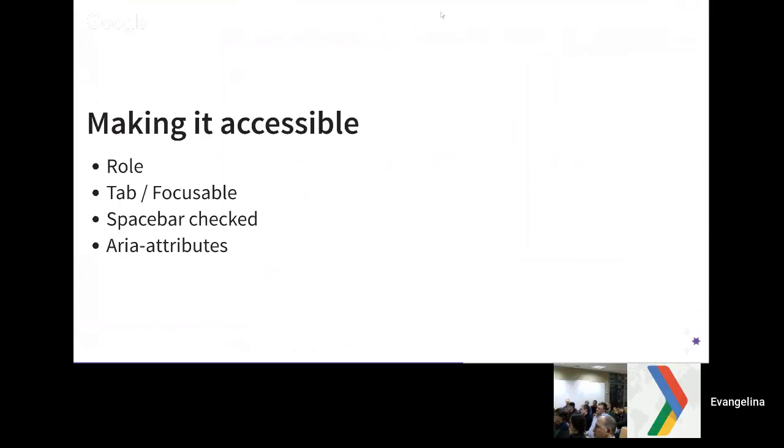And since this is a checkbox, we need to be able to check and uncheck by using our spacebar. And last but not least, we need to tell the user what this checkbox is for and what the state of this checkbox is. Is it toggled on or off?